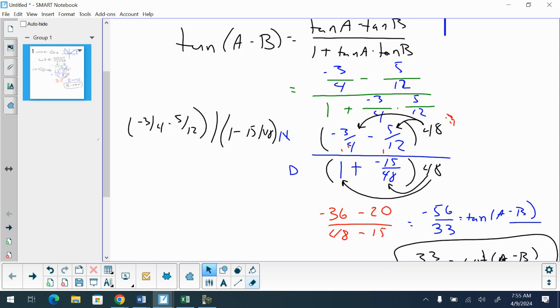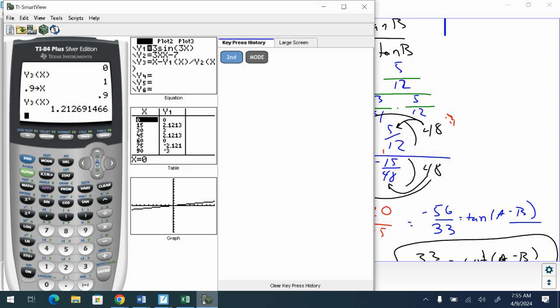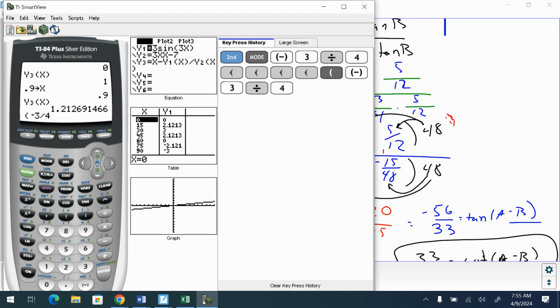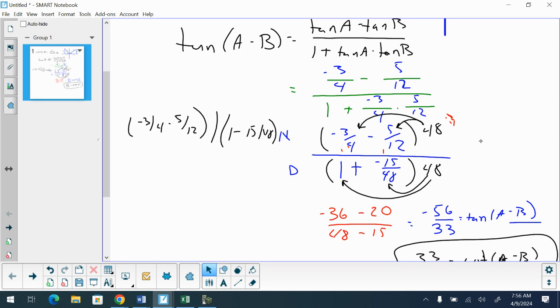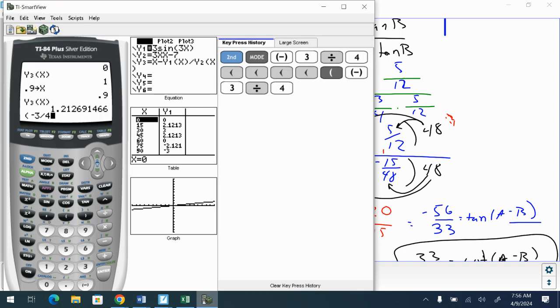Don't hit enter yet. So we have -3. Make sure you use the negative sign. Get your parenthesis in there. -3 divided by 4. Minus 5 divided by 12. End your parenthesis.